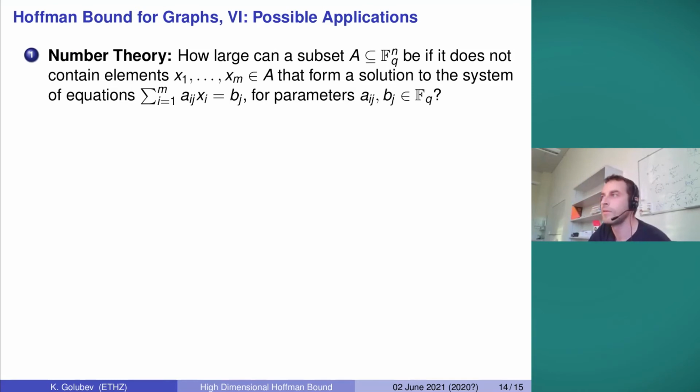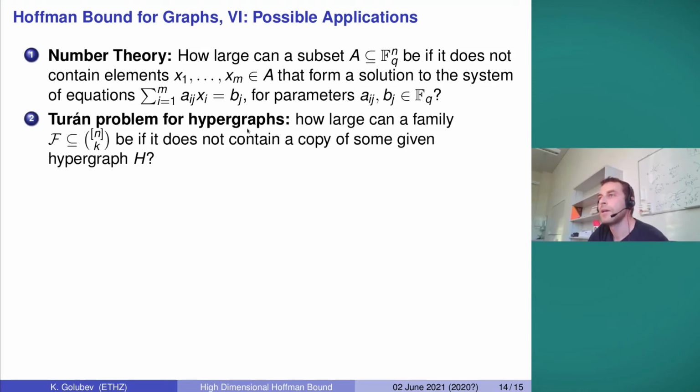One of them, I think it was mentioned here, is how large can a subset in F_q^n be if it doesn't contain a solution to some system of equations. You can also talk about the Turán problem for hypergraphs: how large can a family of subsets be if it doesn't contain a specific copy of a specific hypergraph.